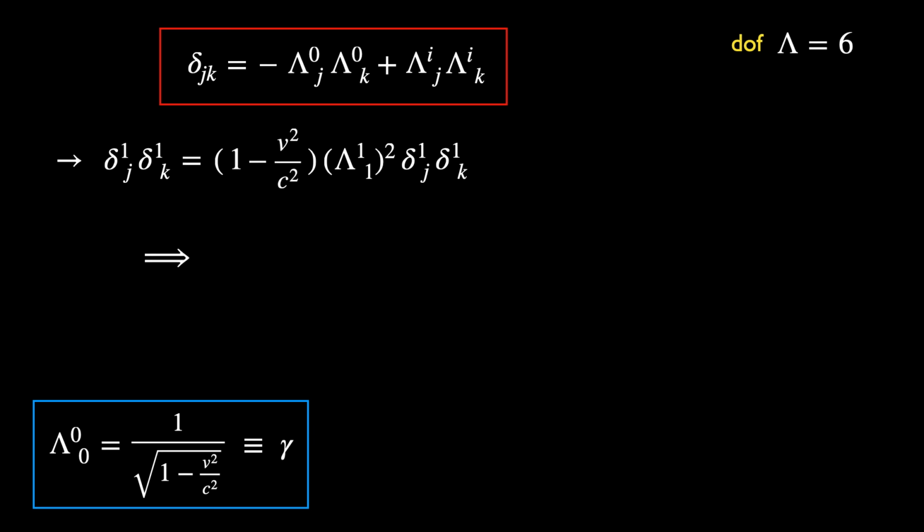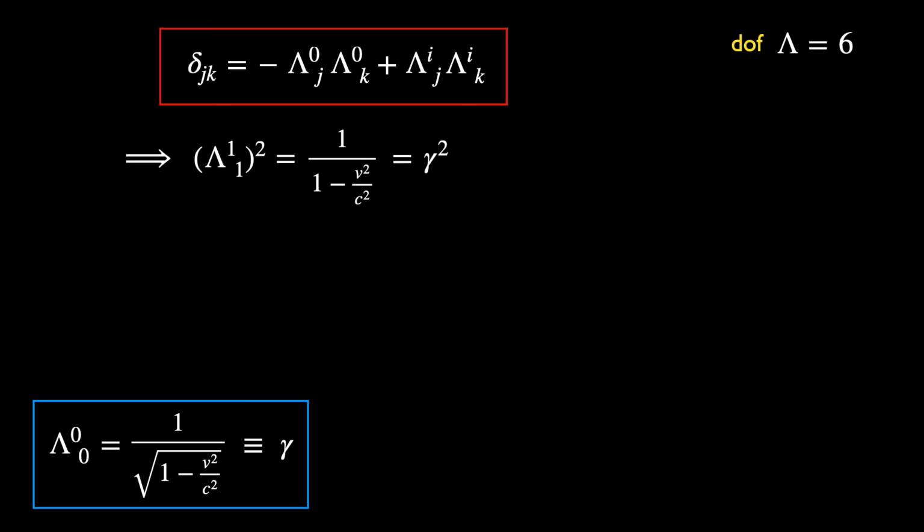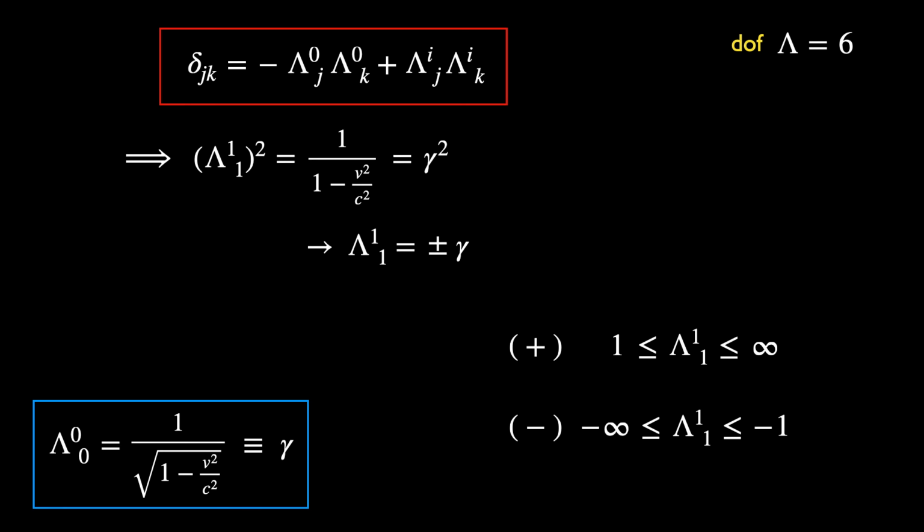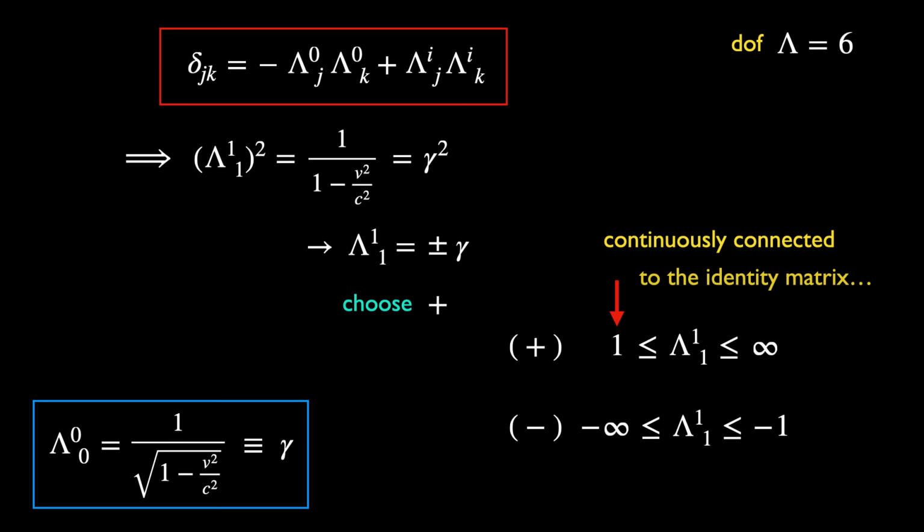This implies... again, there are two branches to the square root. As before, we take the positive root so as to be continuously connected to the identity.